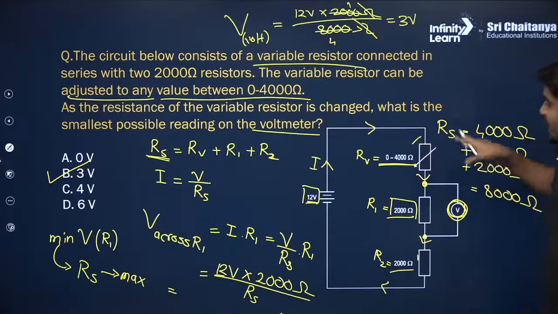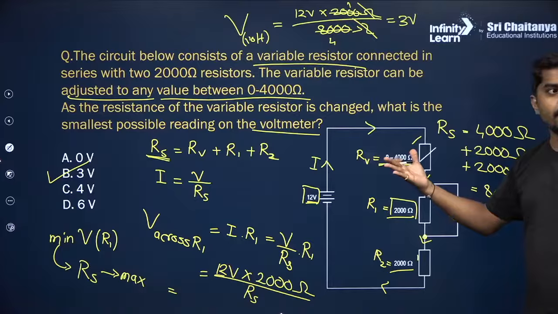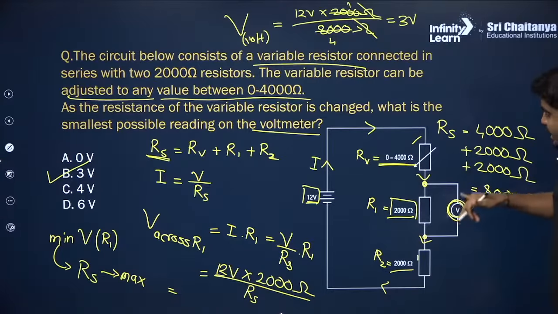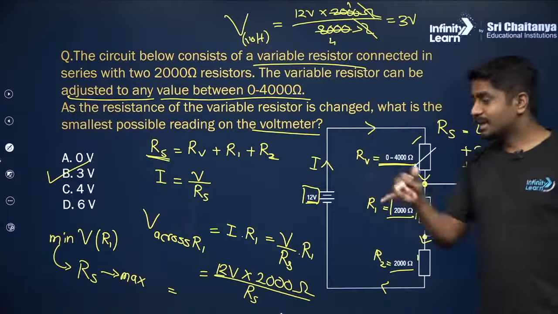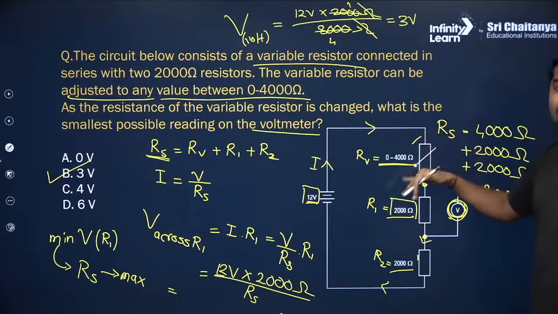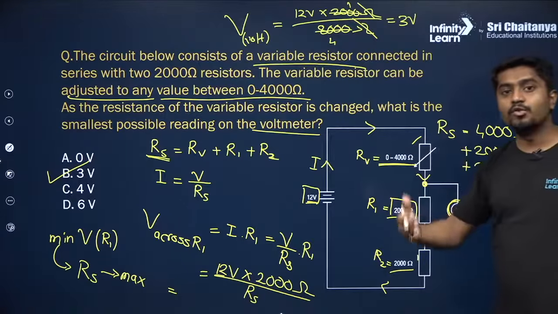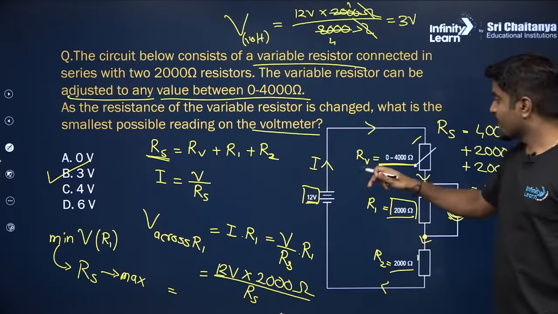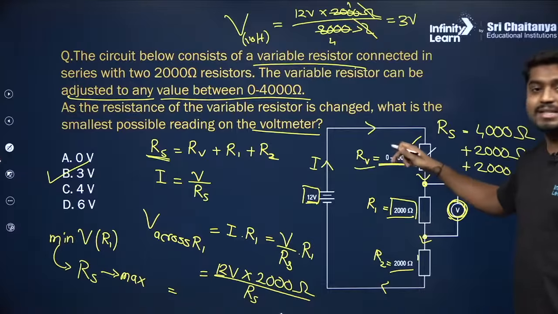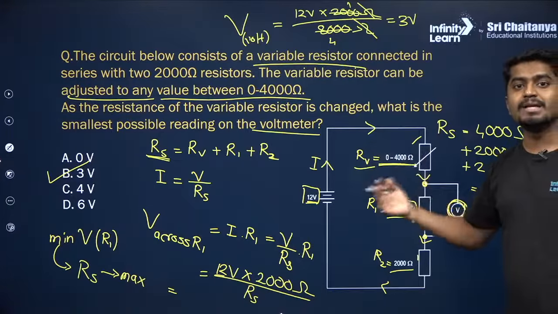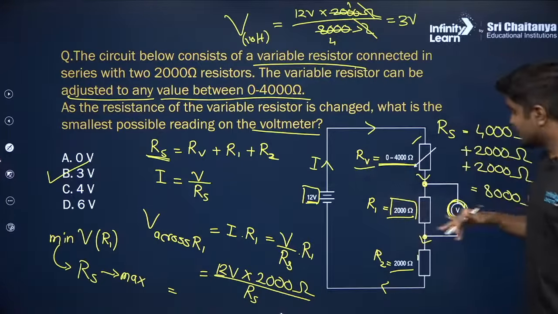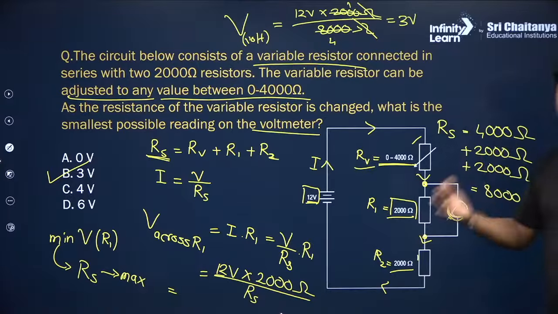Then the voltage across RV is going to be maximum. If you want the value measured by the voltmeter to be maximum, then there should not be any potential drop across RV. For no potential drop across RV, the resistance of the variable resistor should be 0. Then this voltage would be maximum.